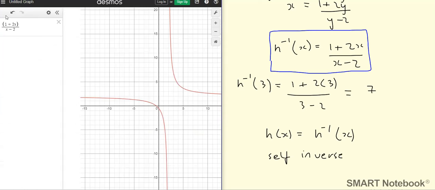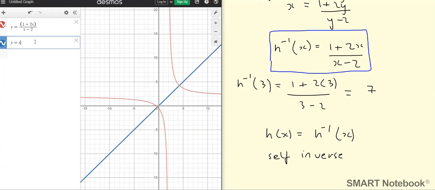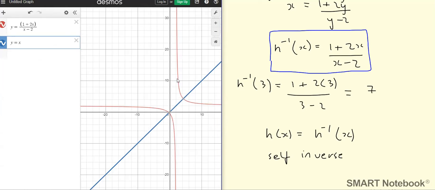Now, if I place a line y equals x on there, when I reflect these curves in the blue line, I get itself. Does that make sense? When I reflect the red line in the blue line, I get exactly what I started off with.